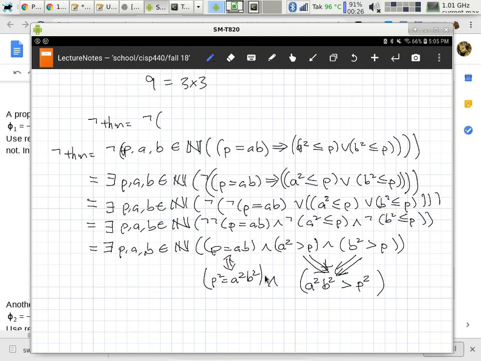So the whole thing is now false. There's a contradiction. So this is kind of like a full-blown example of proof by contradiction. First using Boolean algebra to solve everything down to this point. Then we use regular algebra and inequality to solve for the contradiction.